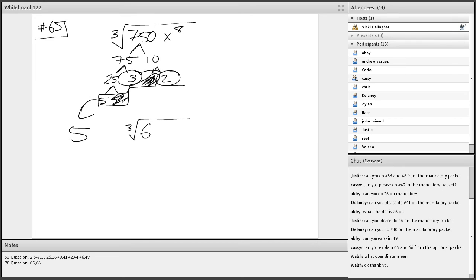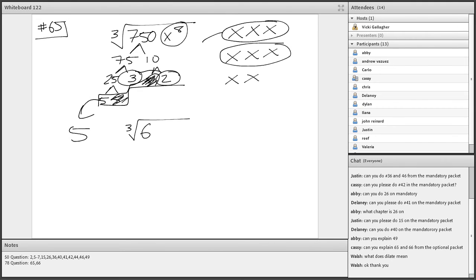You can kind of do the same thing with the variables if you want. So x to the 8th means that I have 8 letter x's, and I'm looking for 3 of a kind. So 1, 2, 3, 4, 5, 6, 7, 8. From an 8, I was able to make 2 groups of 3, which means that 2 x's will come out, or x squared will come out.